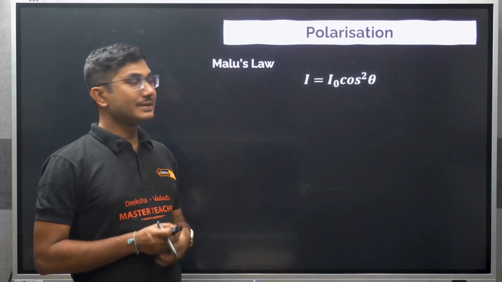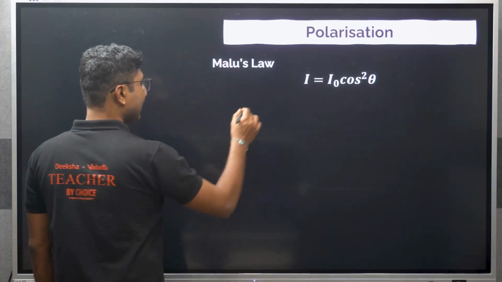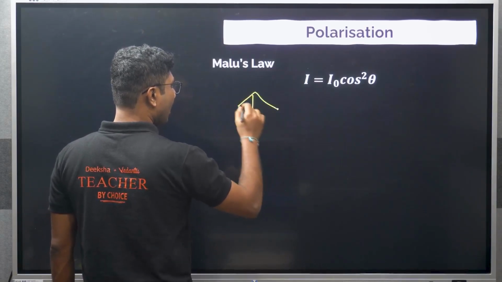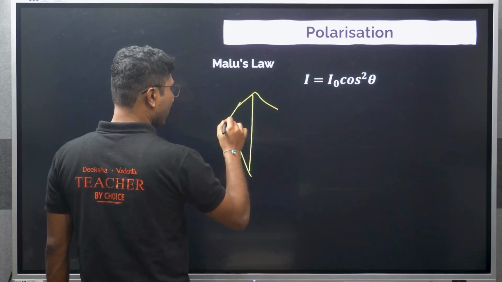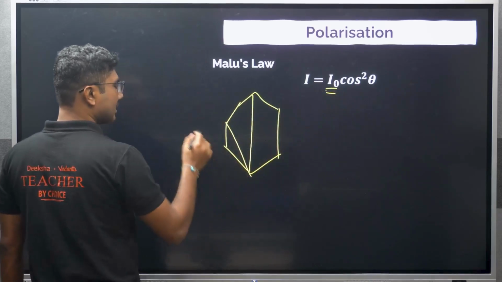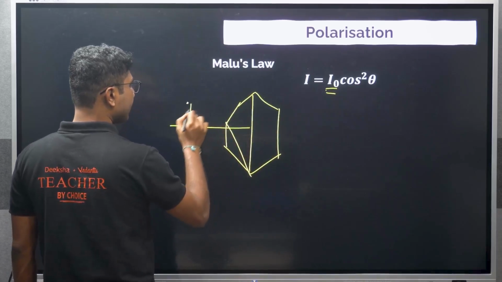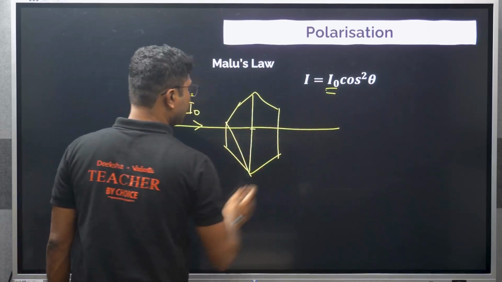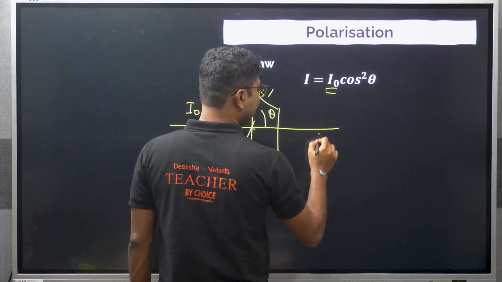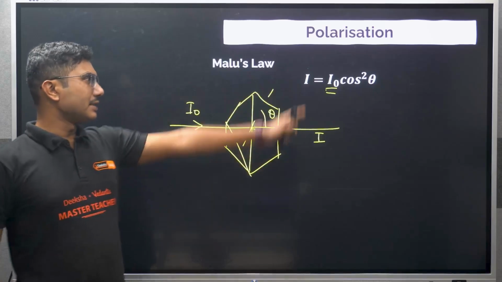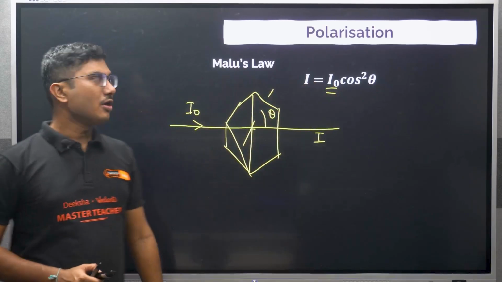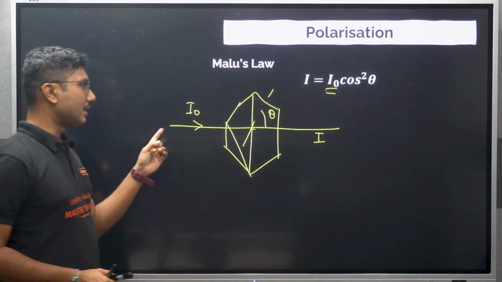Malus law says that when polarized light of intensity I naught passes through a polarizer and the angle is theta, then the intensity of the emergent light is given by I naught cos square theta.